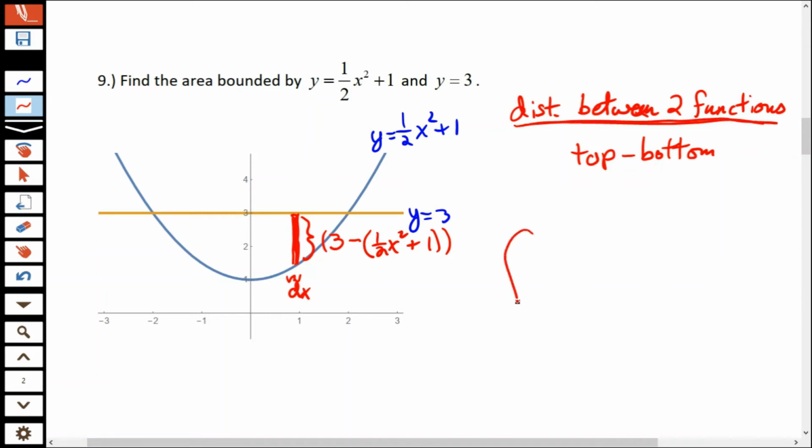Our integral is going to go from, now it's either going to go from -2 to +2, or what I'm going to do here is I'm going to use the symmetry, the fact that both functions here are symmetric about the y-axis, that this left-hand side region, if I call that region 1, and region 2 on the right, they're the same.